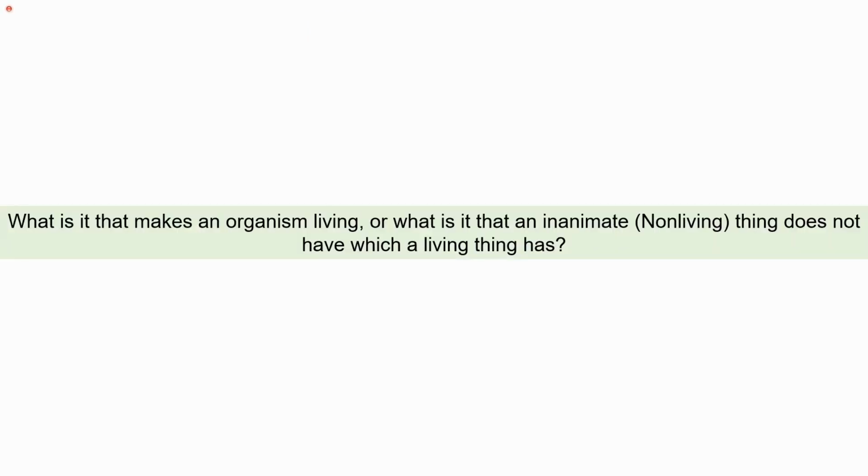To understand this, we need to answer this question: what is it that makes an organism living, or what is it that a non-living or inanimate thing does not have, which a living thing has? Basically, we want to understand the difference between living and non-living organisms.